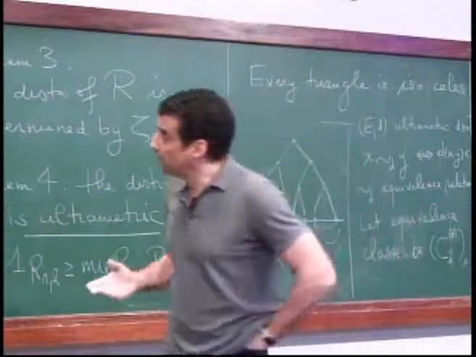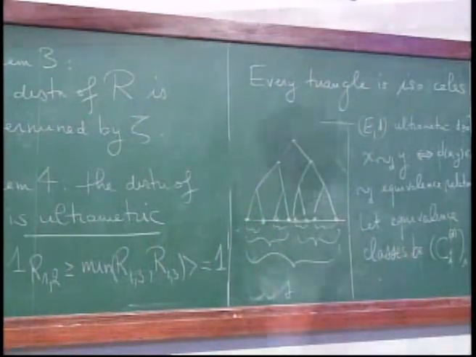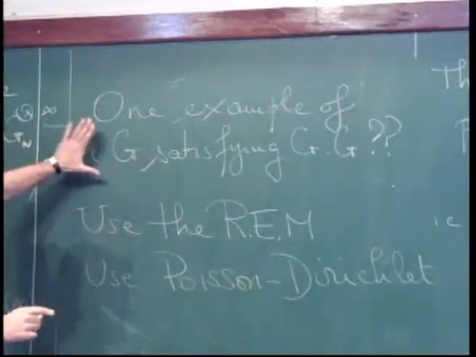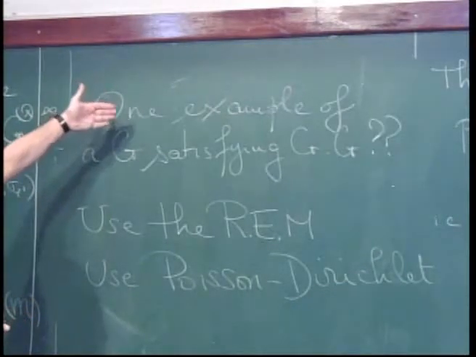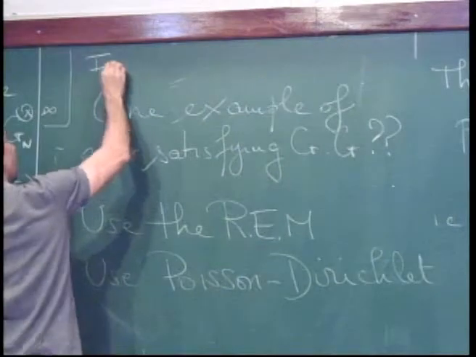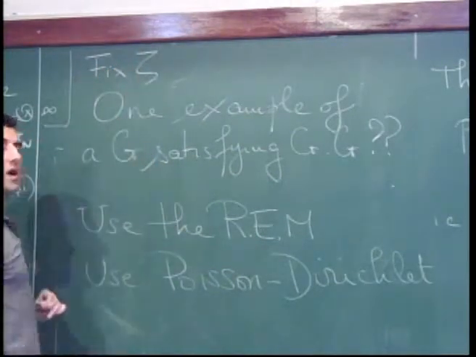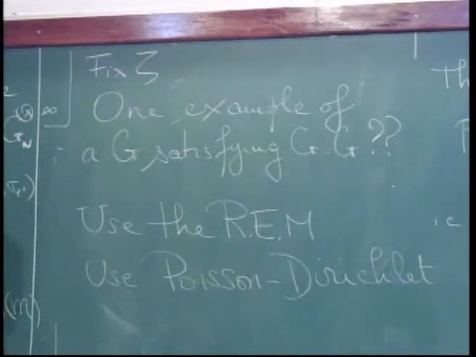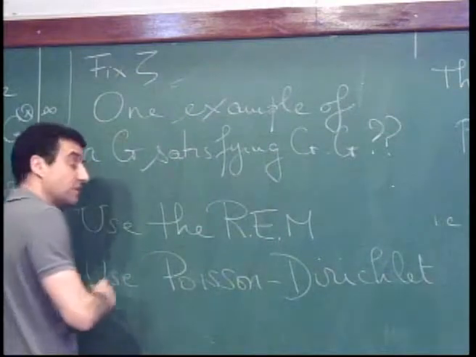So I could even go a little further. This is one nice thing. One example would be too easy, maybe. So fix zeta, I make my question a little more complicated. I fix the functional order parameter, zeta, one probability measure.